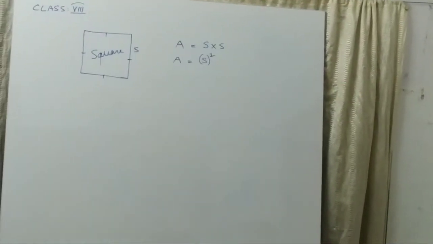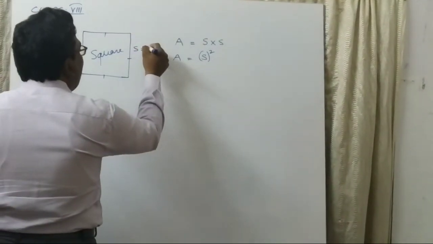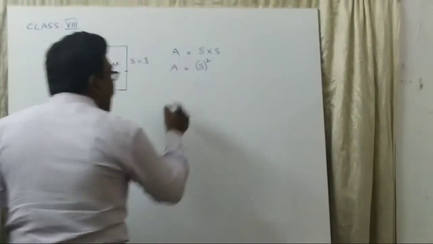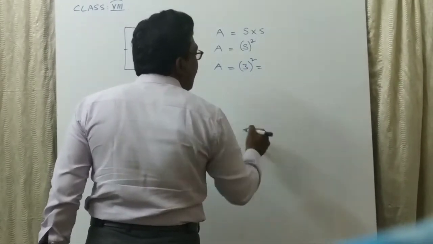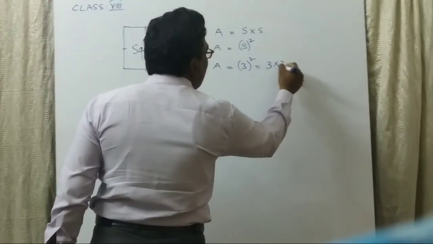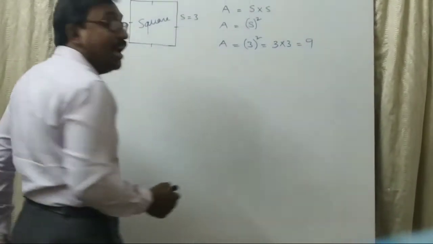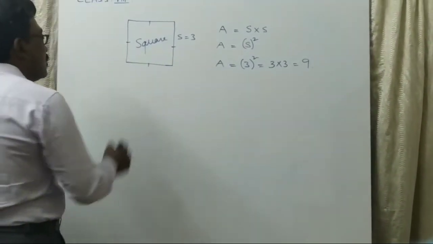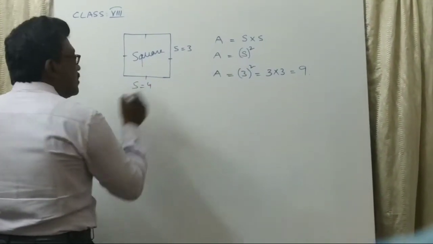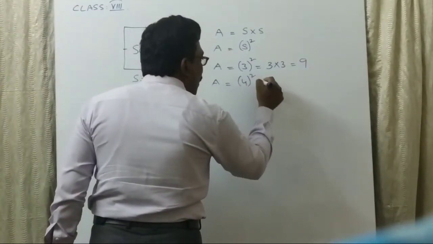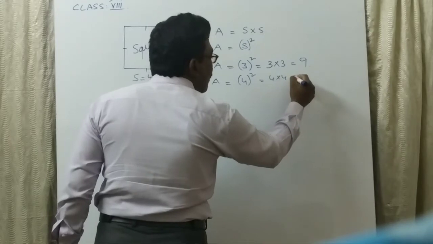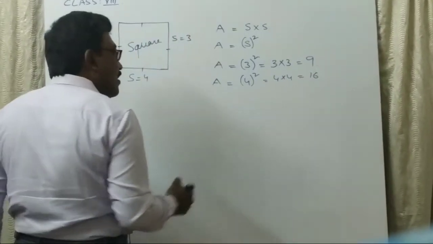Right? Suppose the side is 3 units, then the area is equal to how much? 3 square, which means 3 into 3. The value is 9. Suppose the side is 4 units, so A is equal to 4 square, 4 into 4, 16.